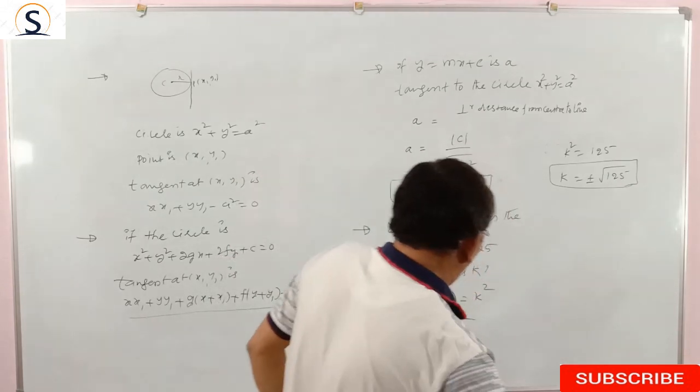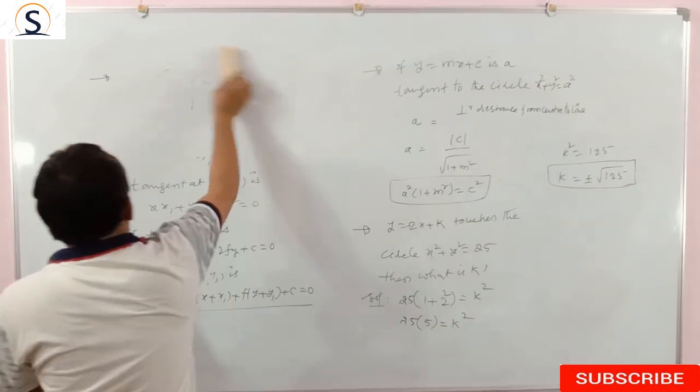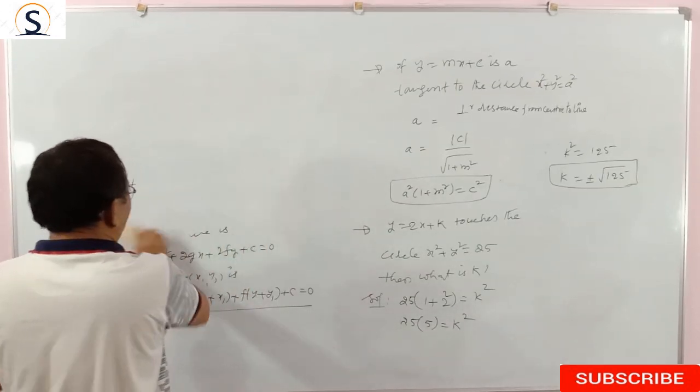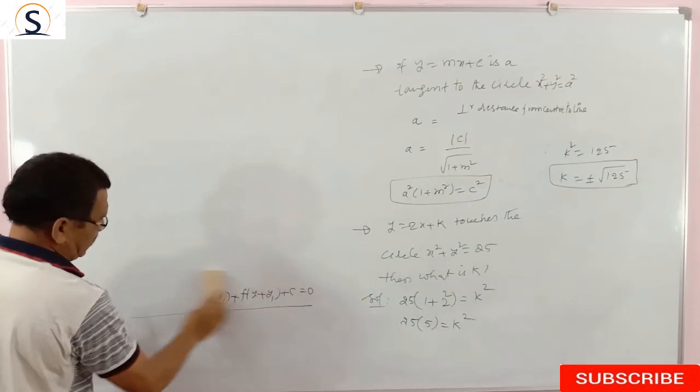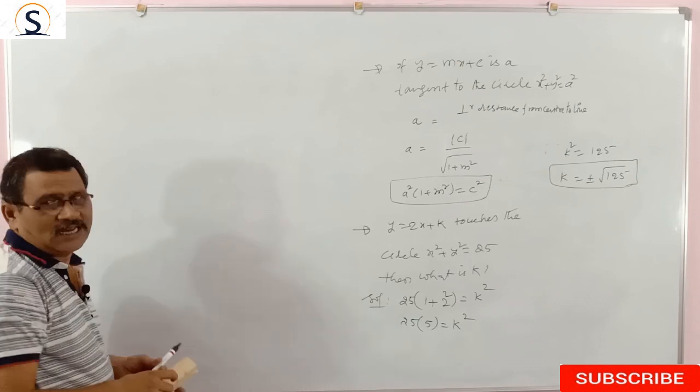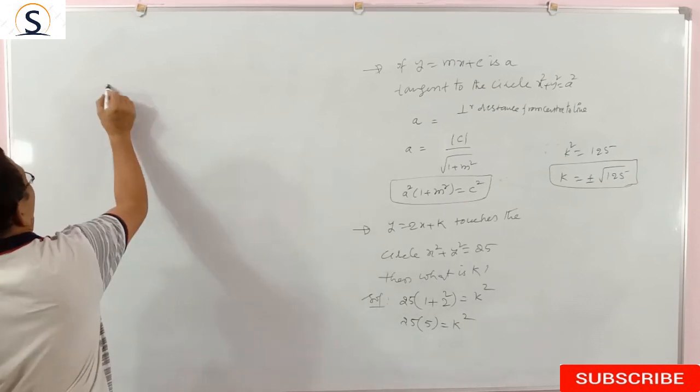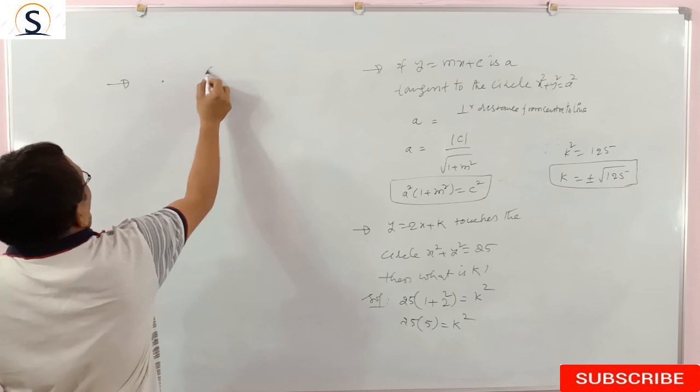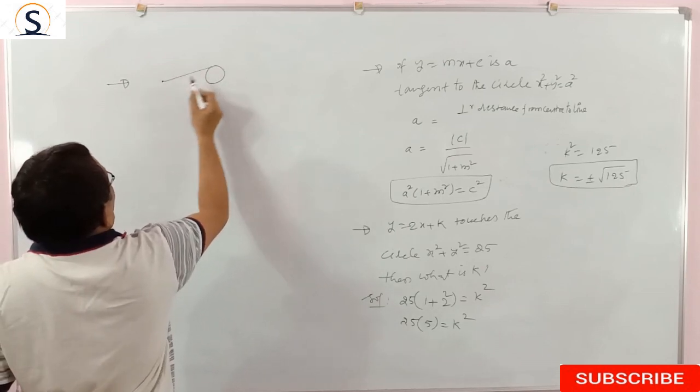Next, he is asking how many tangents can be drawn to a circle from an external point. This is an external point, here is a circle.